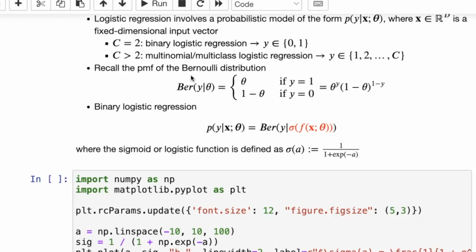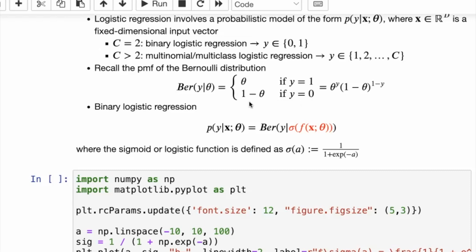And the Bernoulli distribution is very simple and useful because it has only one parameter theta, which tells us the probability that y equals 1. And obviously, because we have a binary case, we can also find the probability that y equals 0. So in this case, the probability that y equals 1 is theta, which is the parameter of the Bernoulli distribution. And since the sum of probabilities must equal 1, the probability for y equals 0 is 1 minus theta.